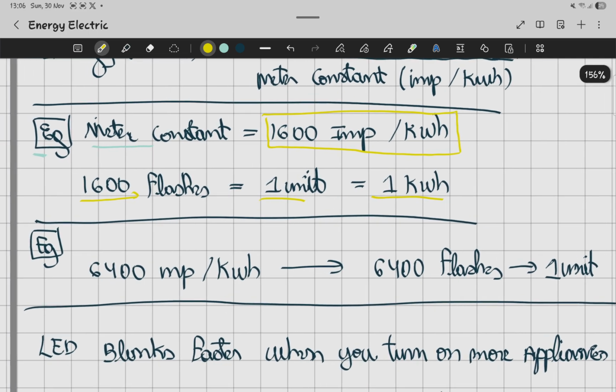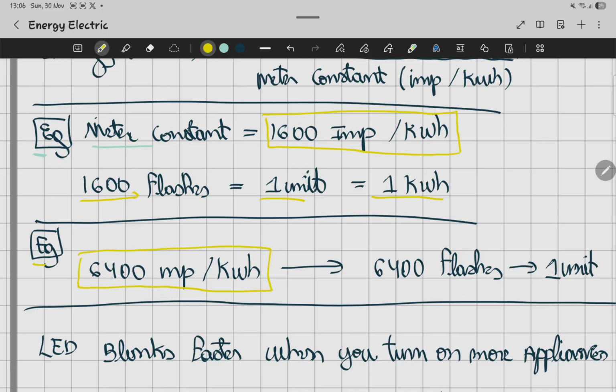Okay, this is another example, example 2. In this case, this is a different electricity meter unit. The number of impulse per kilowatt hour that we'll find on the electricity unit specification will be this.